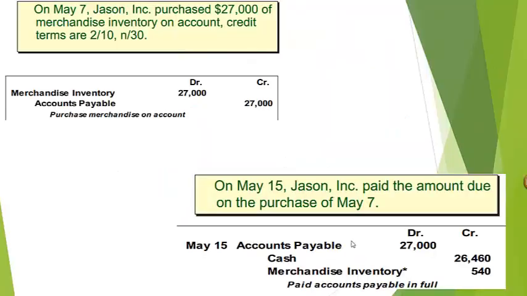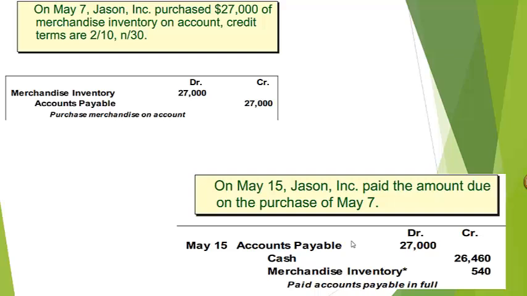So what we see here is that Jason purchased $27,000 of merchandise. So the merchandise inventory is $27,000 to inventory, and then the accounts payable is $27,000. Now, what's taking place is that Jason pays the bill within 10 days. So within 10 days, accounts payable is removed because we no longer owe that $27,000.